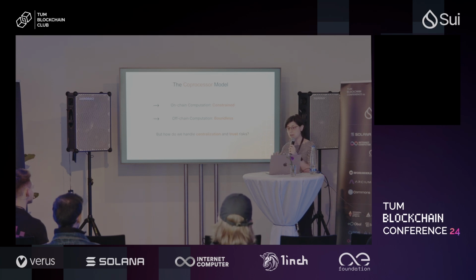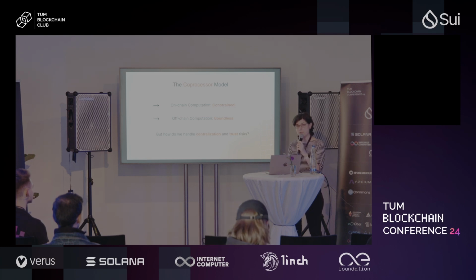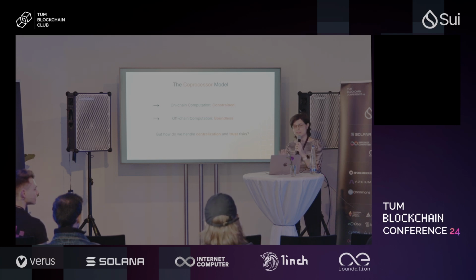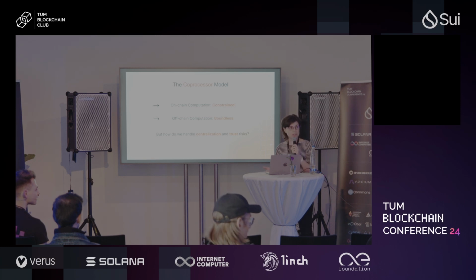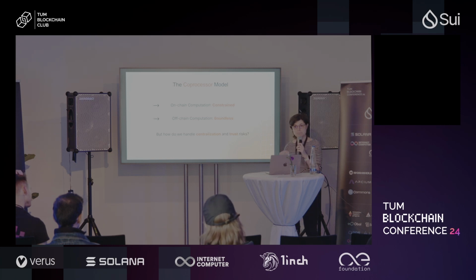The problem is that once we move the computation off-chain, how do we still maintain the decentralization and trustlessness properties of the blockchain? And this is exactly what coprocessors do, because they don't only do the computation off-chain, but they also provide a proof that the computation was performed according to some standards.